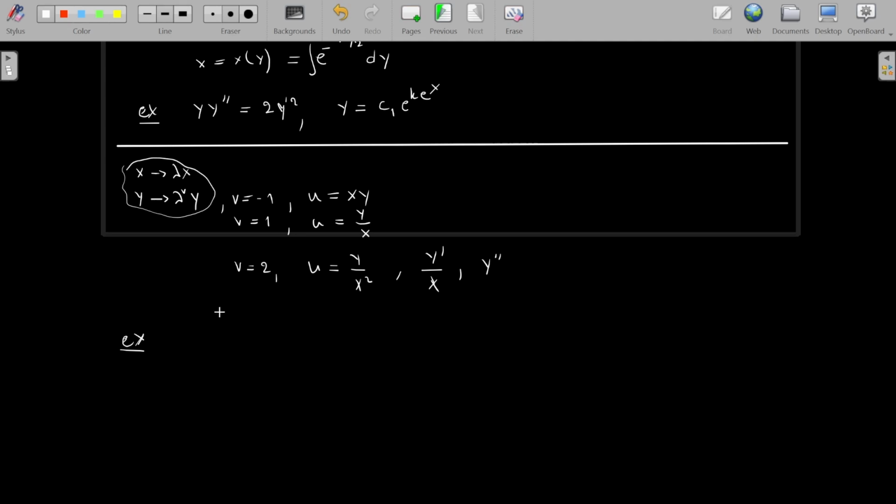Okay, now let's say you have x y prime prime is equal to y prime minus y over x plus y prime minus y over x squared. Now, to check if this has a mixed symmetry, of course, you can see that there is no other symmetry here.